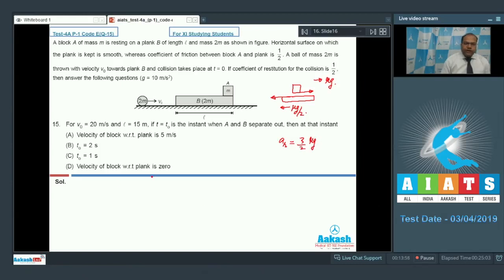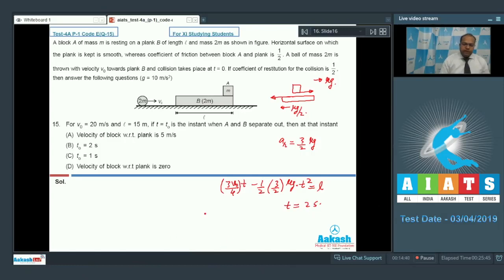Now I have to apply the equation of relative motion. So initial relative velocity of B with respect to A is 3 v naught by 4, so u into t minus half into a relative, that is 3 by 2 into mu g into t square, is equal to L. So if I substitute the data, v naught is given, the value of mu is half, then the value of t comes out to be 2 seconds.